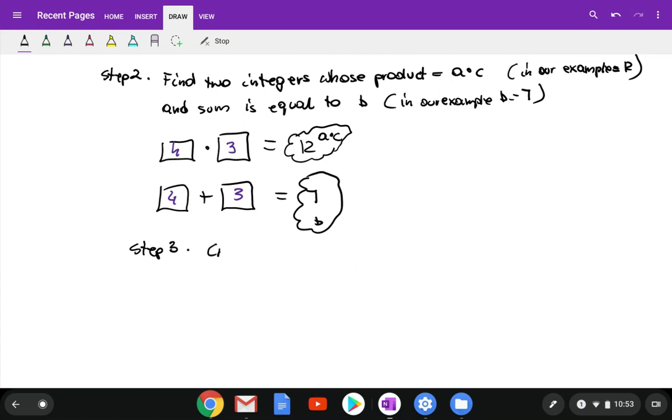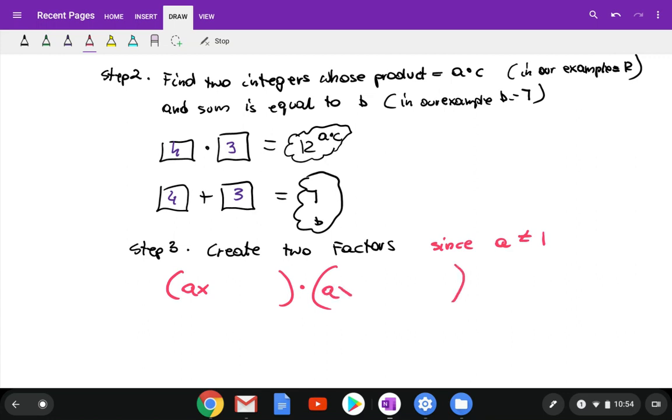Okay, step 3. Create two factors. And this is new, so I want you to pay attention to this one. Since the leading coefficient a is not equal to 1, you need to follow this. So you're going to create two factors: ax and ax. Before, in 14.2, you only put x in each parenthesis.